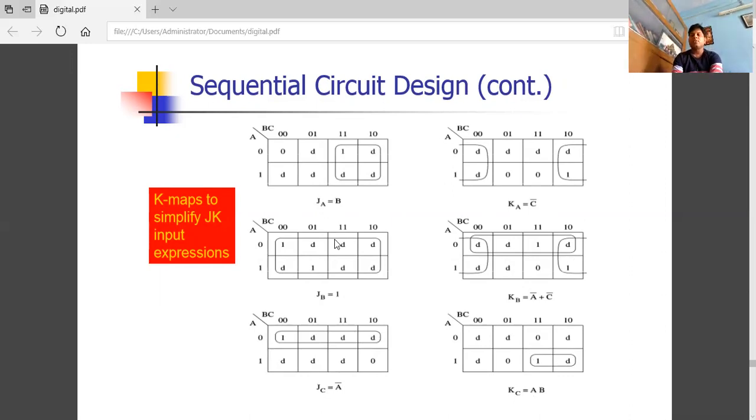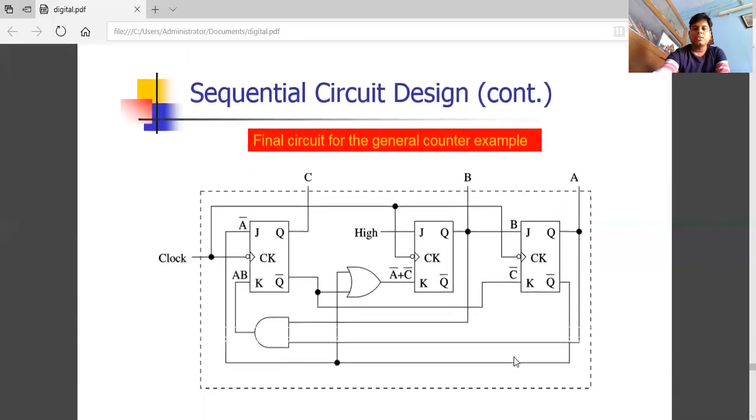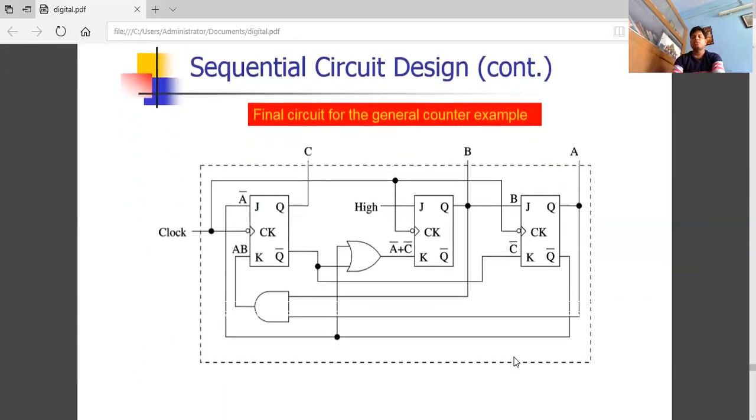So we have designed using K-maps, and the equations come from the K-maps: JA, KA, JB, KB, JC and KC. Next, we have to design the circuit. There are 3 JK flip-flops: one JK, another JK, and a third JK. A, B and C are connected to the Q outputs.